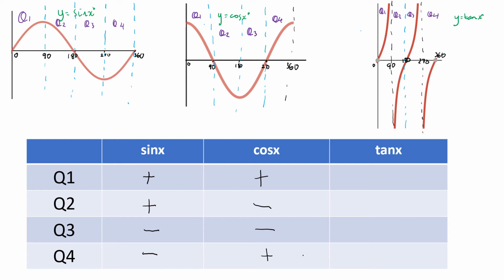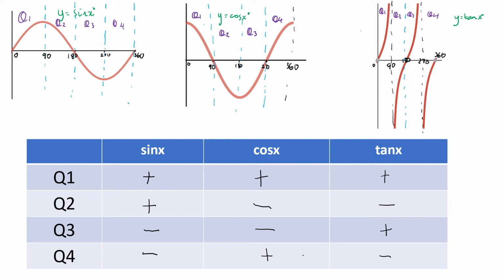Finally, if we look at tan, in quadrant 1, it is above the x-axis. In quadrant 2, it is below the x-axis. In quadrant 3, it's above the x-axis, and in quadrant 4, it's below the x-axis.